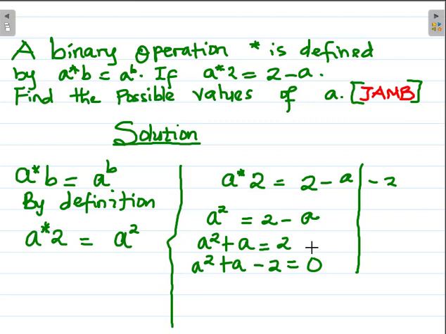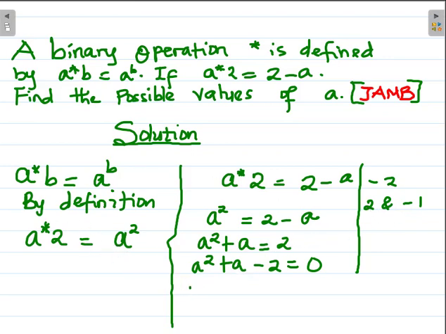Of all the factors of -2, we know that +2 and -1 can do that, because +2 multiplied by -1 is -2, and +2 added to -1 is +1.